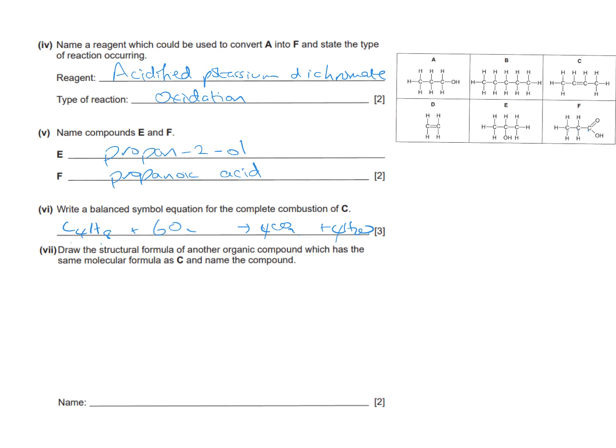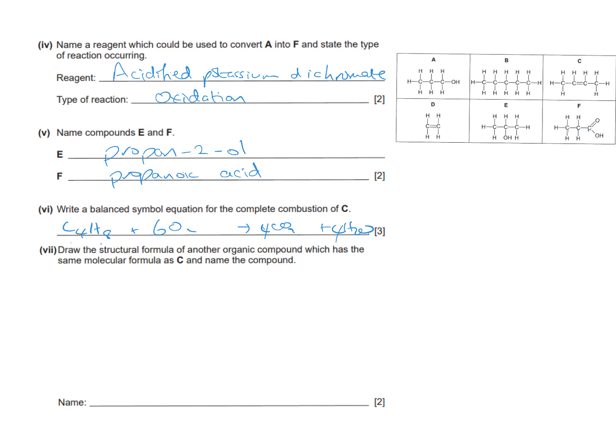Part 7, draw the structural formula of another organic compound which has the same molecular formula as C and name the compound. So this is but-2-ene. So what we can simply do is move the double bond here, or you can move it to here, and that will turn it into but-1-ene.